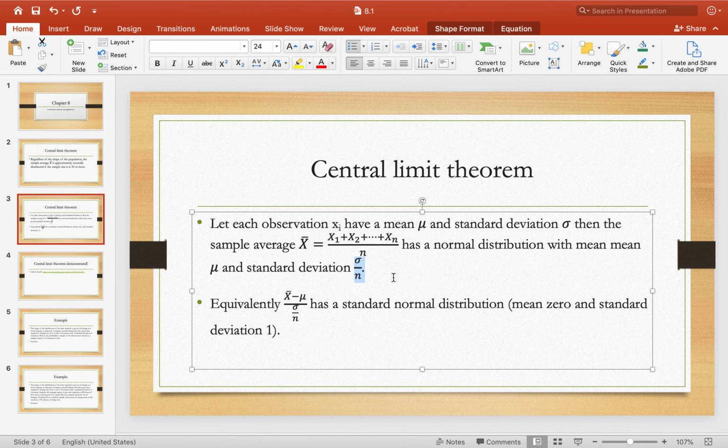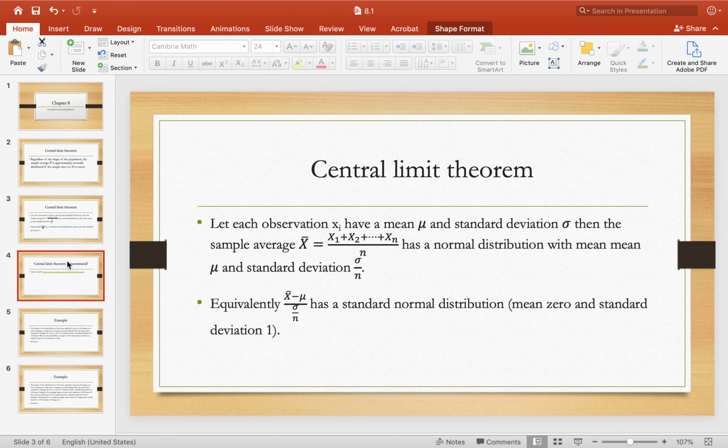The standard deviation of the sample average is less. That is the critical thing to know, is that the standard deviation is sigma over root n. Here's another formulation, and we'll use this one often.